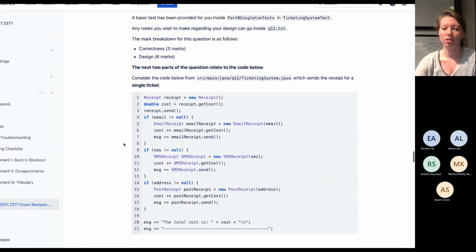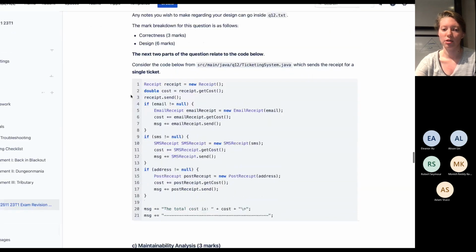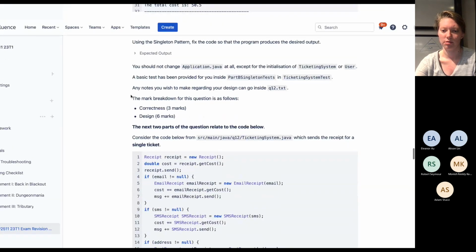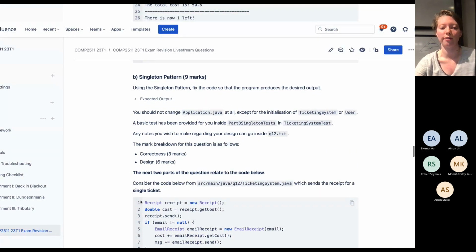So the next bit. So let's just go have a look at the code. If you're a bit unsure about the code at the moment, the first thing we can do is go have a look at the code.